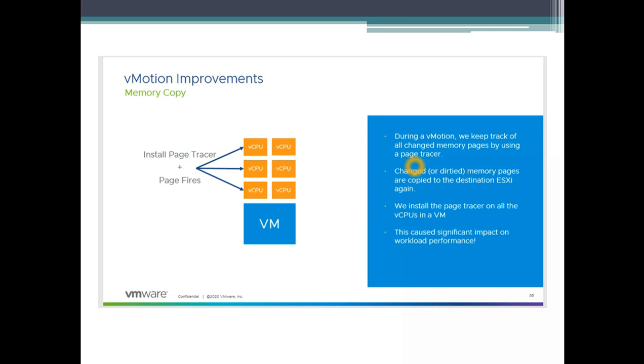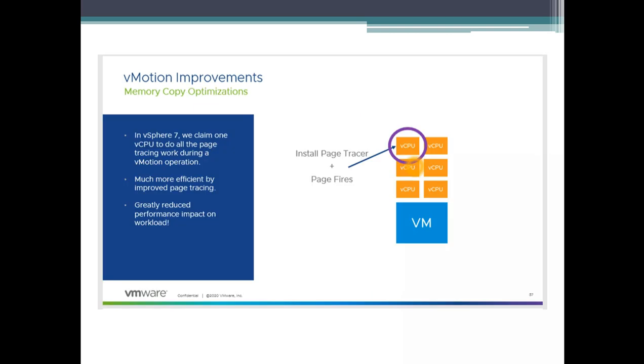So what VMware has done is, instead of installing the page tracer on all the vCPUs in the virtual machine, they have improved it. They have said, okay, we actually don't need all the virtual CPUs to have the page tracer. So they have only used one virtual CPU to do the job.